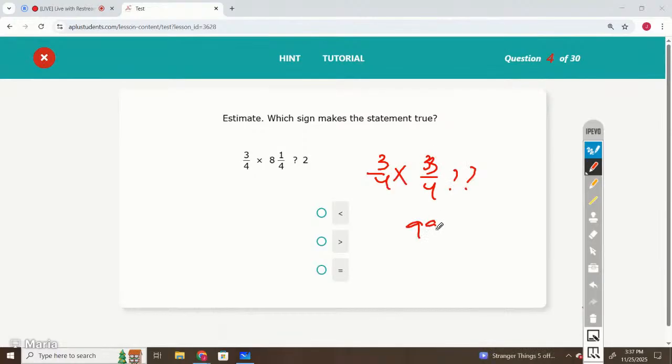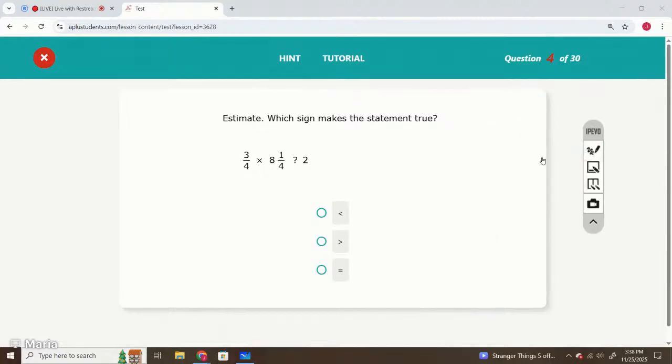So that is 99 over 16. So 6 is compared to 2. So 6 is greater than 2. The correct option is greater. Option number 2 is the correct option.